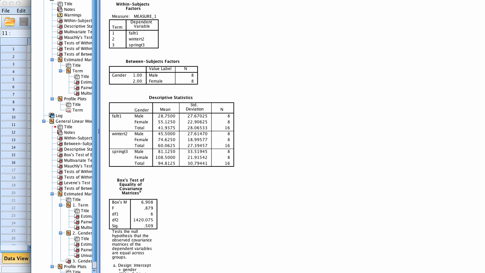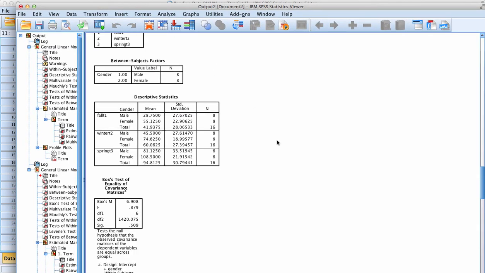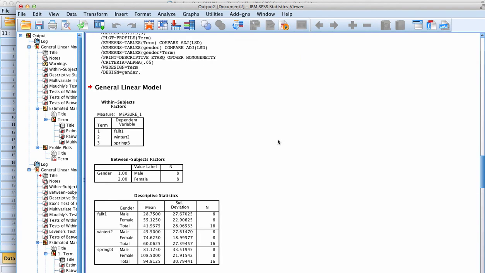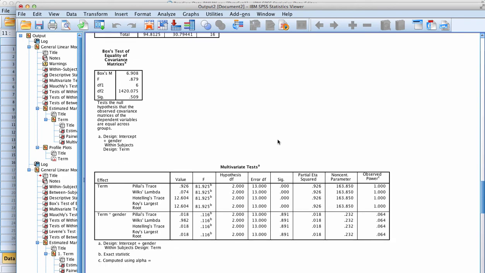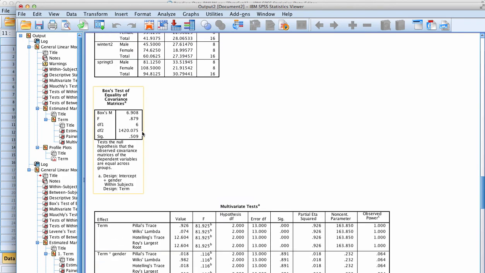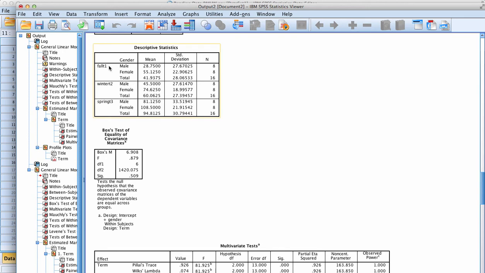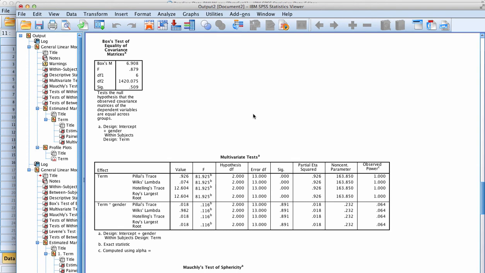Now for this part of the output, it's going to give us a lot of the same information. In other words, we have the means by fall, winter, and spring, but now the means are also disaggregated by gender for each one of those terms.